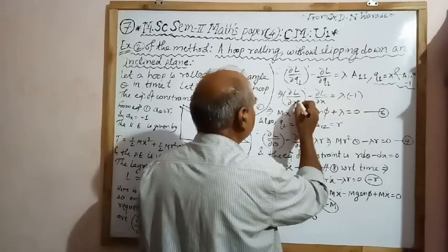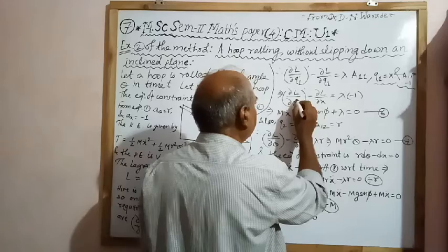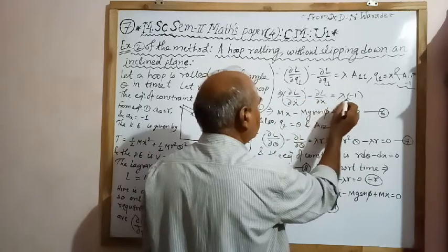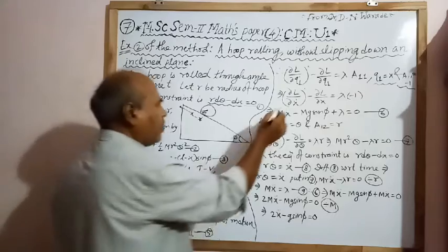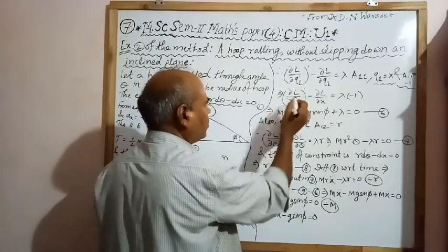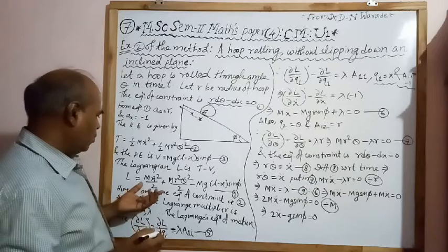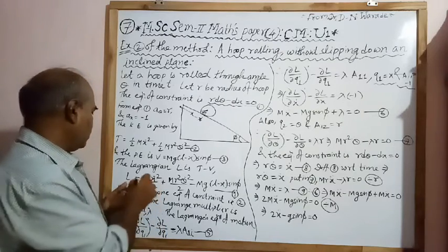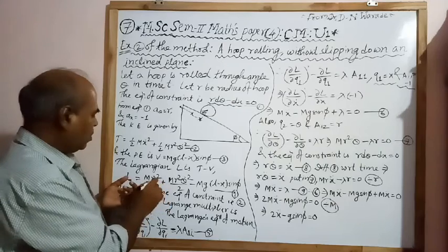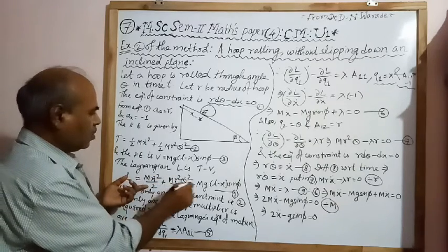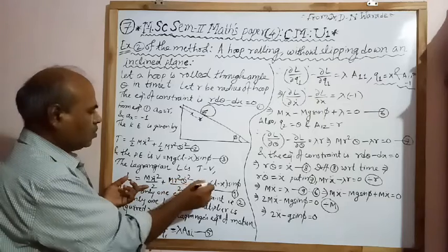Therefore, del L by del x dot, because q1 equals x, with the time derivative, minus del L by del x equal to lambda into minus 1. Now here, del L by del x dot means the derivative of L with respect to x dot, taken from equation 4. The second and third terms have no x dot, so their derivatives are 0.